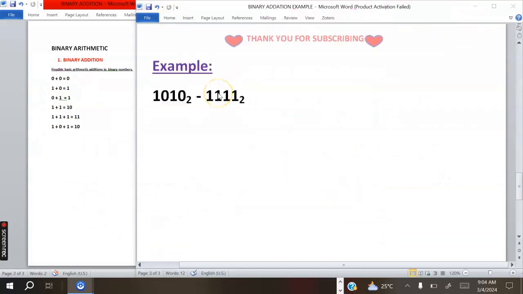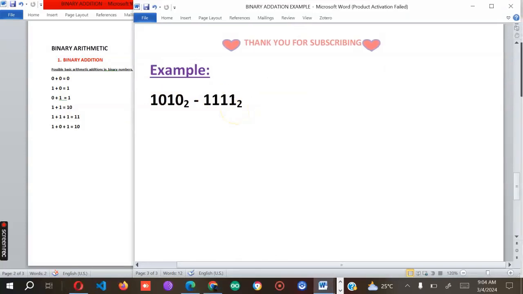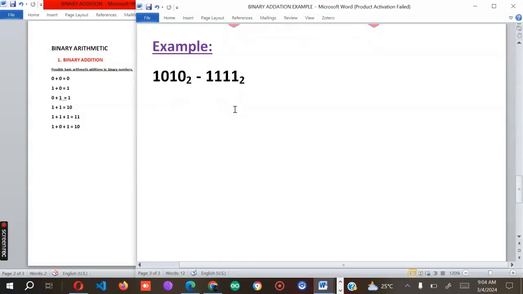Our last example, which is quite simple, we have 1010111. Remember, rule number 1 is to convert this one into a one complement. So how do you work with one complement?